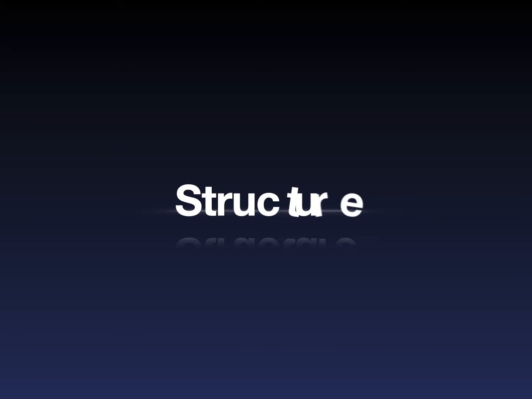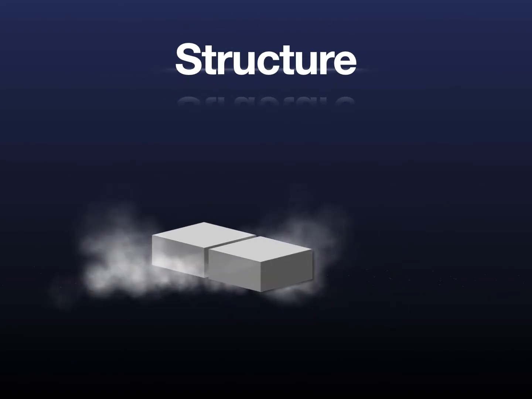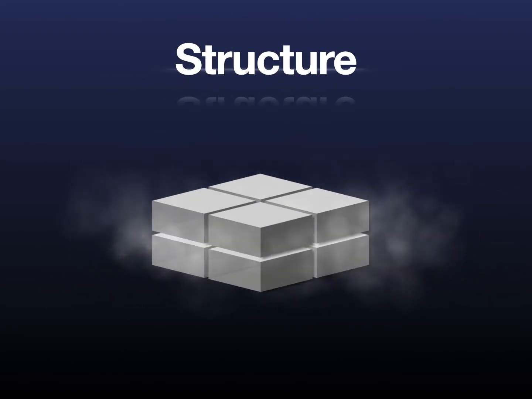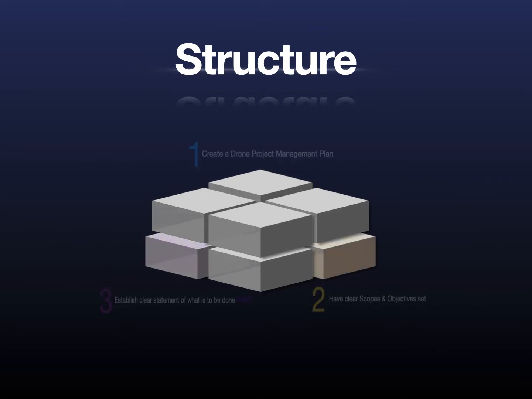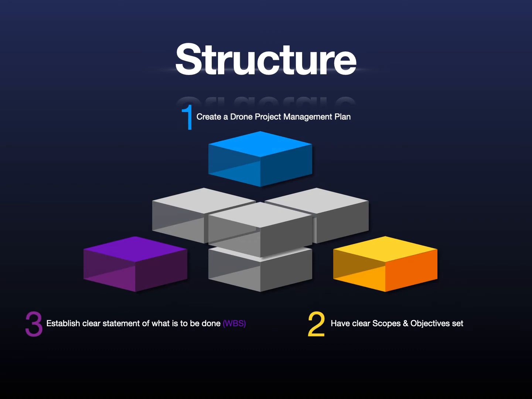Let's talk about the structure of our setup. We must create a drone project management plan, have clear scopes and objectives set well in advance, and establish a clear statement of what is to be done.